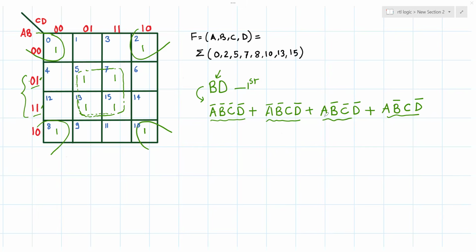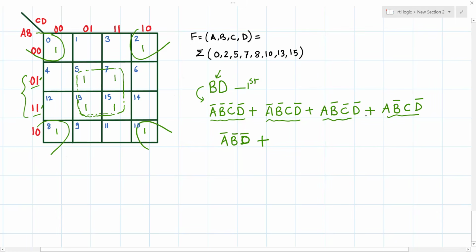Similarly, here you have A, B bar, then C bar and C, which gets cancelled. So let me simplify this one. You write A bar, B bar, and this would be D bar actually, because C and C bar get cancelled.